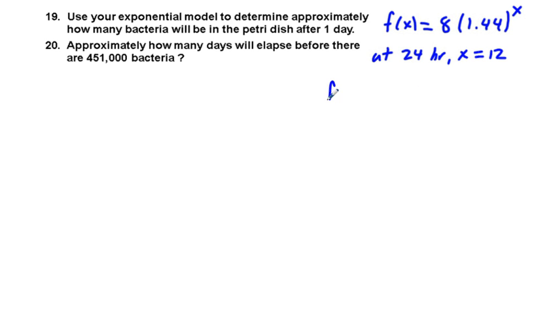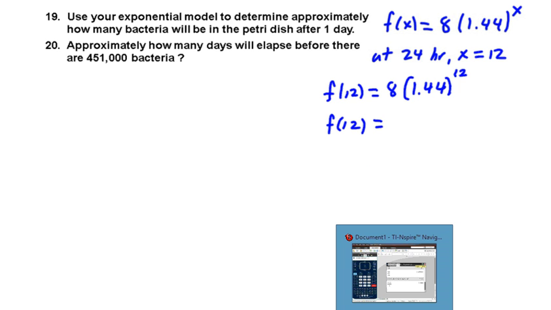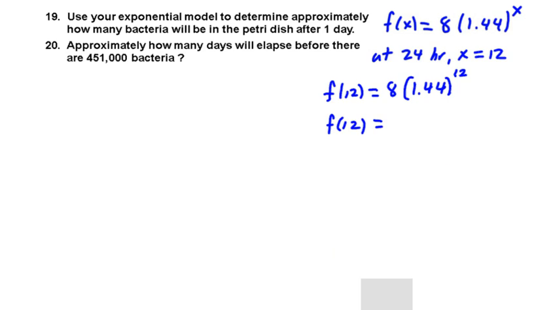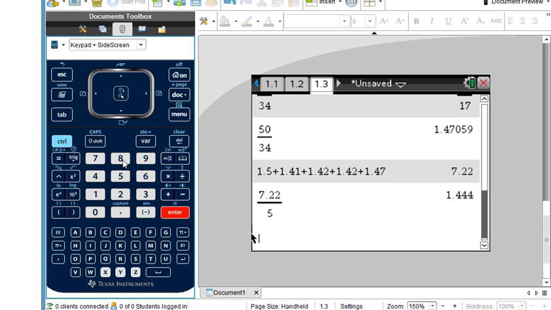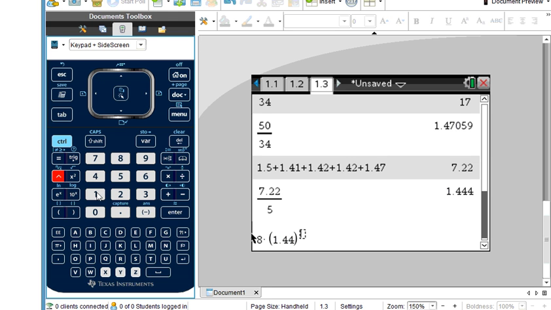So let's say f of 12 is equal to 8 times 1.44 to the power of 12. And that will give us our amount, and that should give us our answer to question 19. So we have 8 times 1.44 to the power of 12.